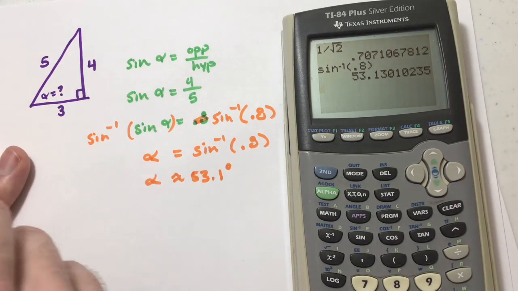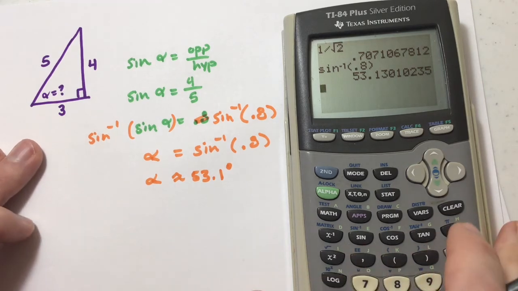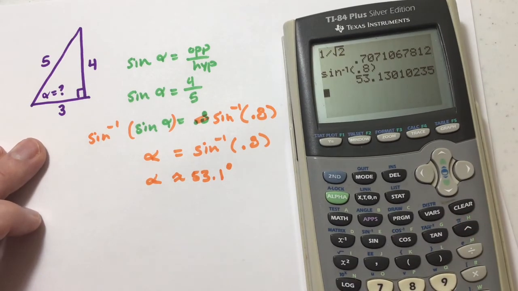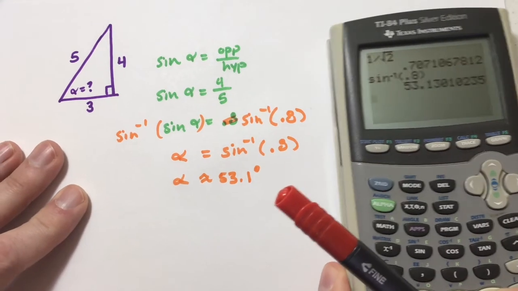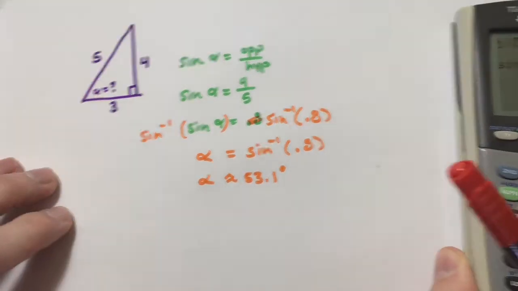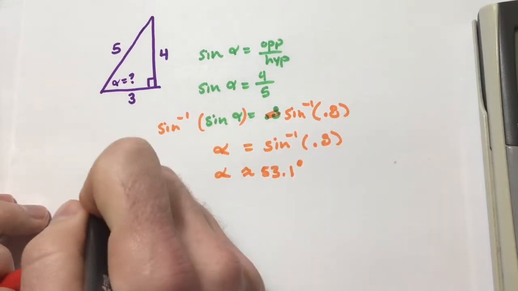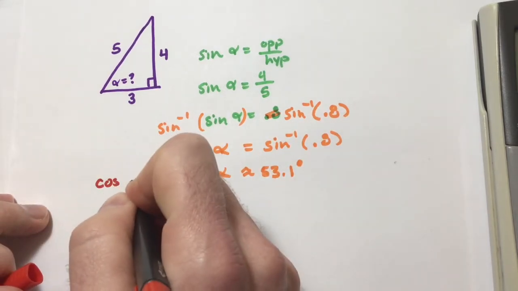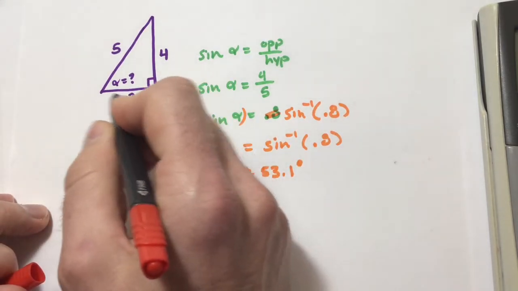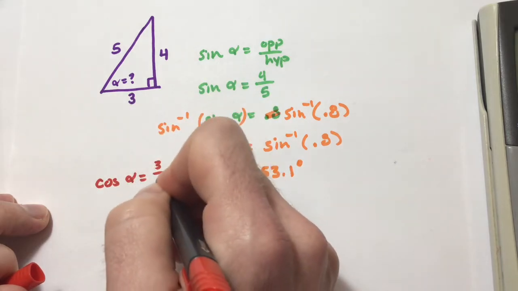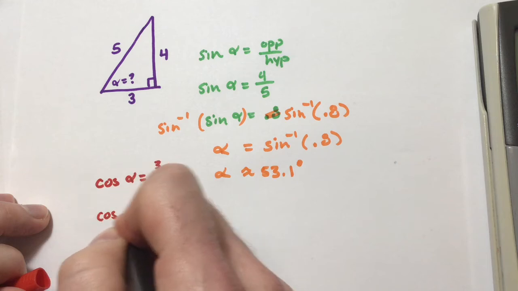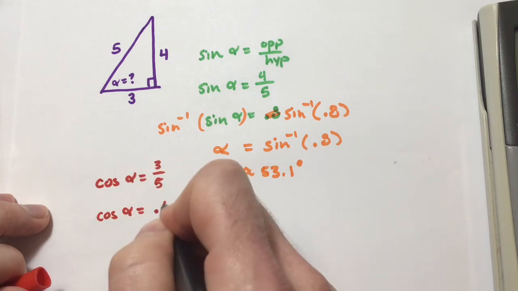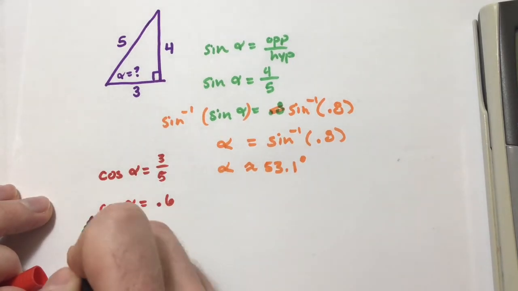If we wanted to, we could have used a different trig ratio instead of sine. Maybe we could have used tangent or something like that. I'll use cosine here just to show we get the same thing. Cosine of alpha is adjacent over hypotenuse. And so cosine of alpha equals 6/10.